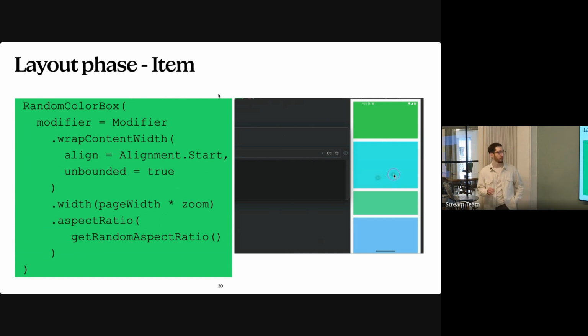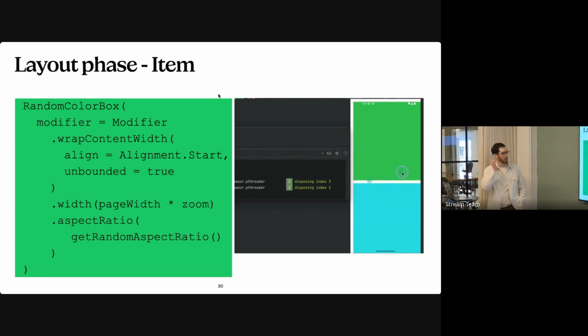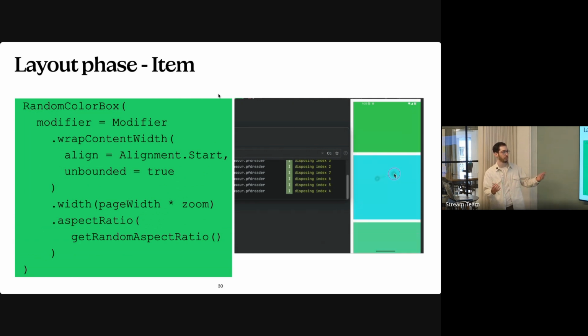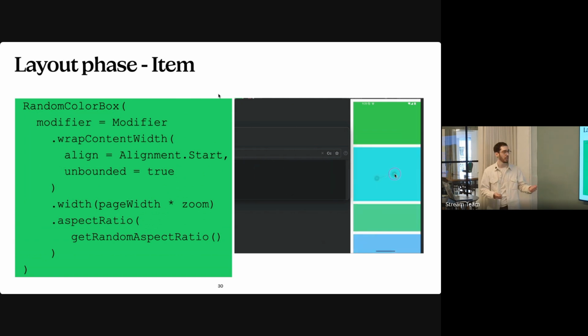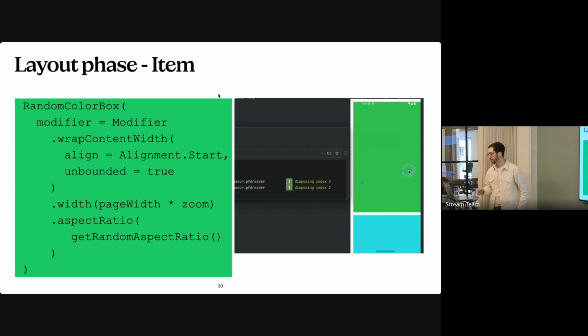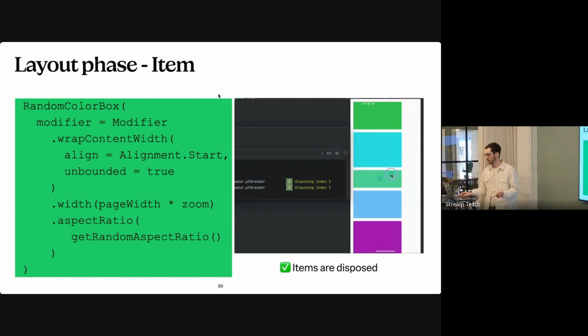So let's see what happens. I'm zooming in. I'm already disposing of 2 items that were initially shown. Then I'm zooming out. A bunch of items are shown. Then all of them basically disappear, so they're getting disposed properly. And this way we can verify that we're actually doing the job correctly. So items are disposed. That's pretty good.